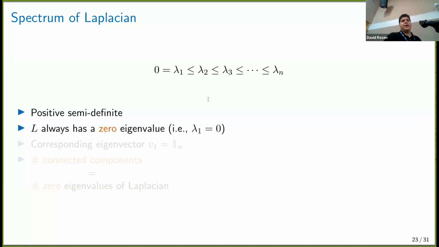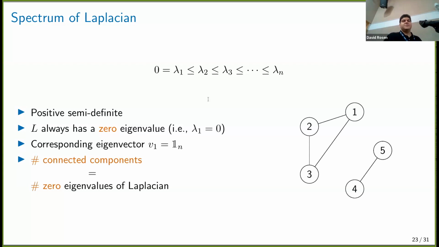Now, if I put in the constant graph signal, all the terms in that quadratic form are going to be 0, and you can conclude immediately from that that there's an eigenvector of all ones. And something less obvious is that the number of connected components of the graph is given by the number of zeros in the spectrum of L, right?